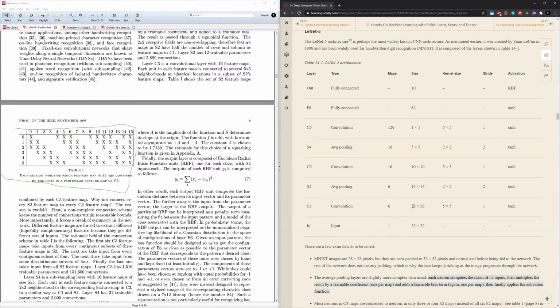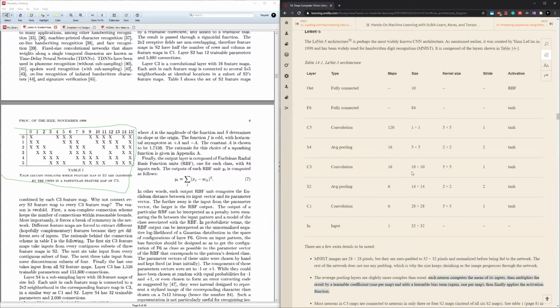And then in the S2, that's the name of the layer, this is the average pooling, which is just the pooling here. Then this is the convolution with respect to the size of kernels.